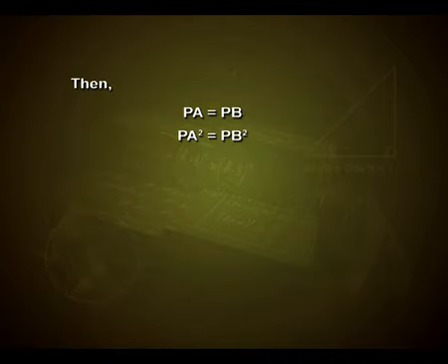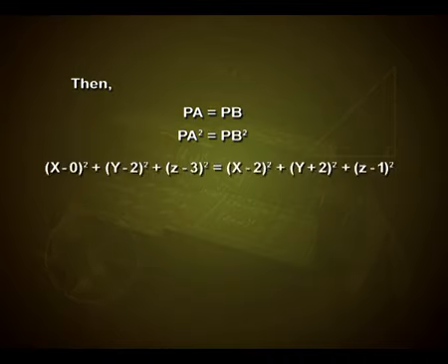By using the distance formula, we can obtain (x minus 0) whole square plus (y minus 2) whole square plus (z minus 3) whole square is equal to (x minus 2) whole square plus (y plus 2) whole square plus (z minus 1) whole square, which on solving can be reduced to 4x minus 8y minus 4z plus 4 is equal to 0.